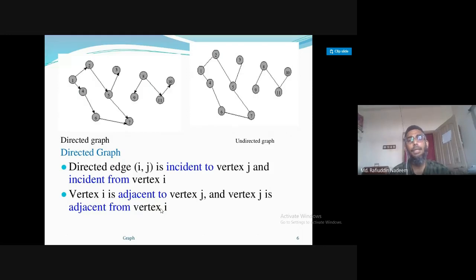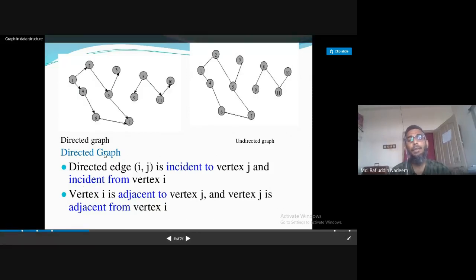Again, it is given here that in the directed graph, edge ij is incident to vertex j and incident from vertex i. So you can say if there is a directed edge from i to j, it is incident to vertex j and incident from vertex i. Incident from means from where it is starting, and incident to is where it is going.